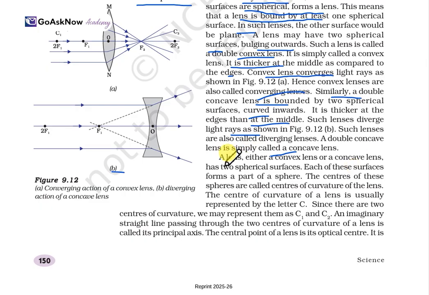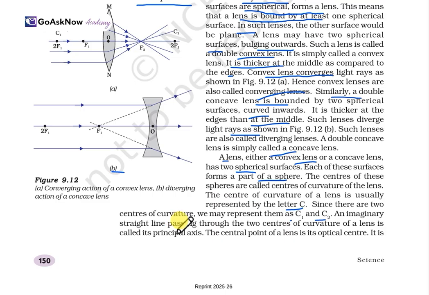Now, a lens, either convex or concave, has two spherical surfaces. Each of these surfaces forms part of a sphere, and the centers of these spheres are called centers of curvature. The center of curvature of a lens is usually represented by the letter C. Since there are two centers of curvature, we may represent them as C1 and C2. Here you can see this is C2 and another one is C1.